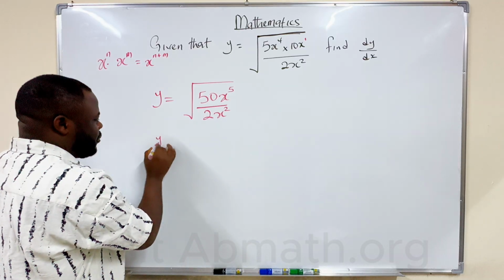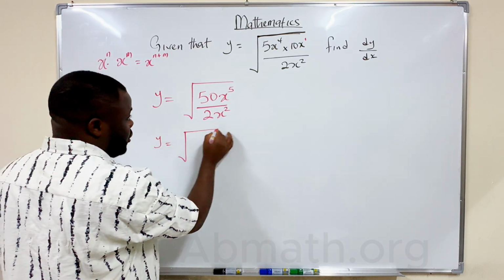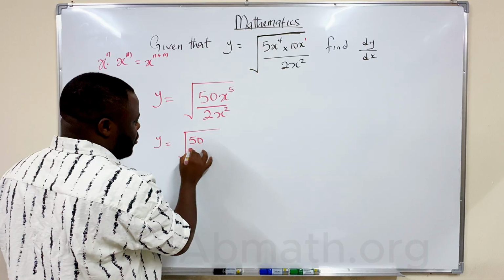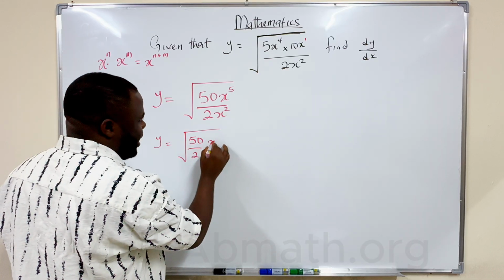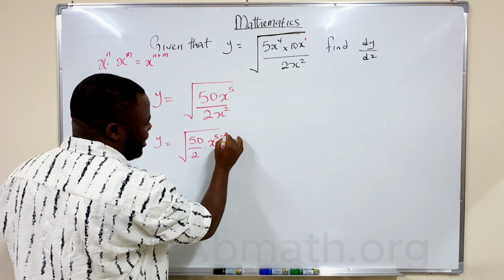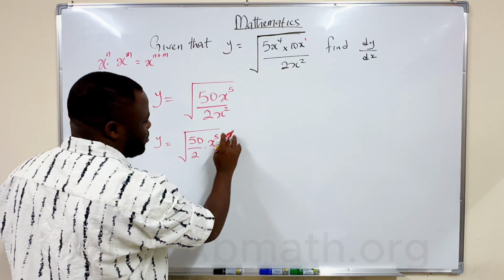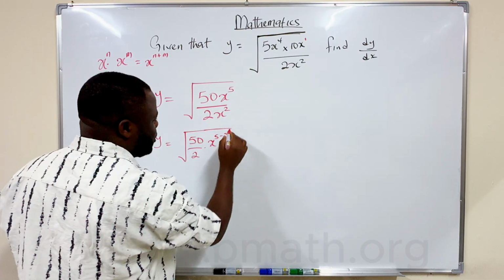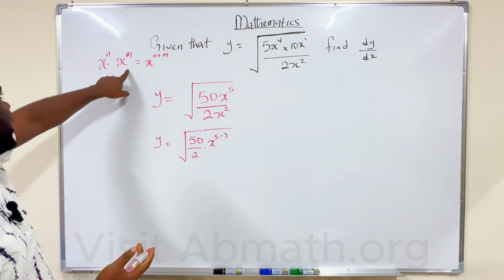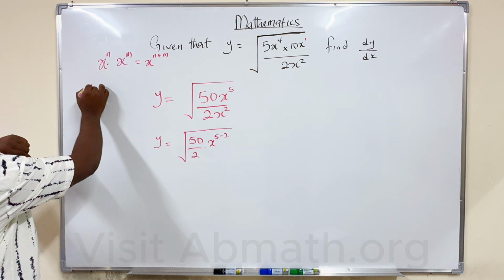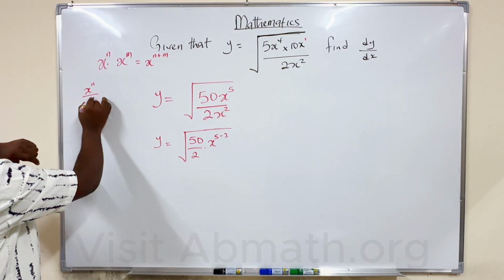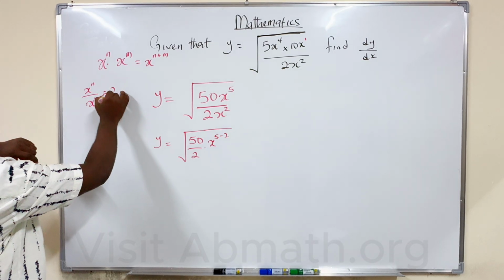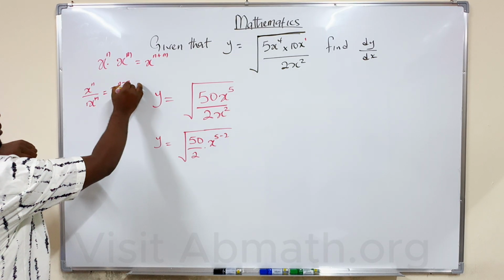We can go further to simplify it. So we have 50 over 2 multiplied by x to the power 5 minus 2. The law of indices again, just like what we did here: if we have x to the power n over x to the power m, this will give you x to the power n minus m.